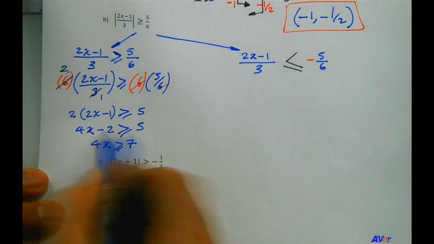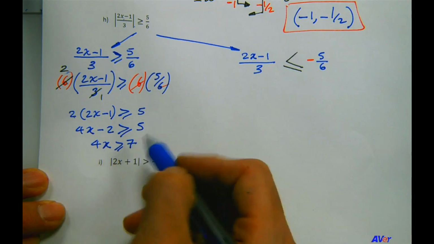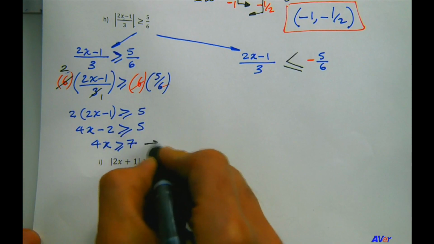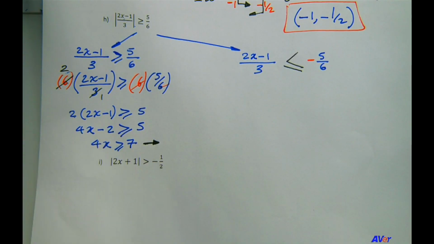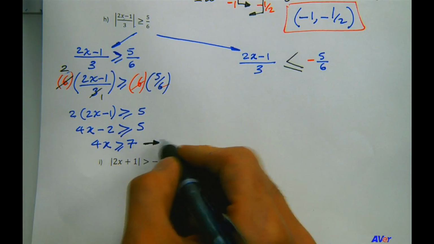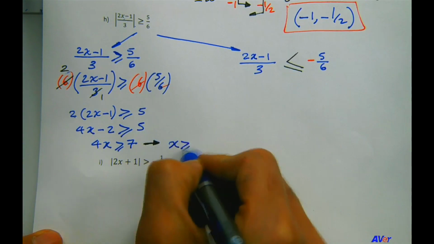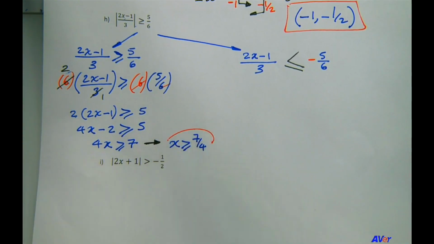Move the negative 2 to the other side, it becomes positive 2. Add it to 5, you get 7. So one more step, because x is not isolated yet, right? It's got a 4 next to it. So we have to divide both sides by 4. When we do that, we end up with x greater than or equal to 7/4. So that's one of the solutions.